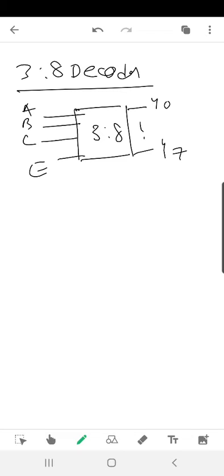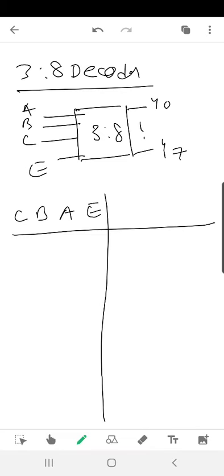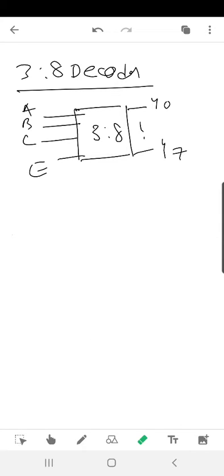To draw the function table we will require our inputs and outputs. So first of all we will have 3 inputs, A, B, C, then we have the enable signal, and then we have 8 outputs. Let's make the table a little bit short.